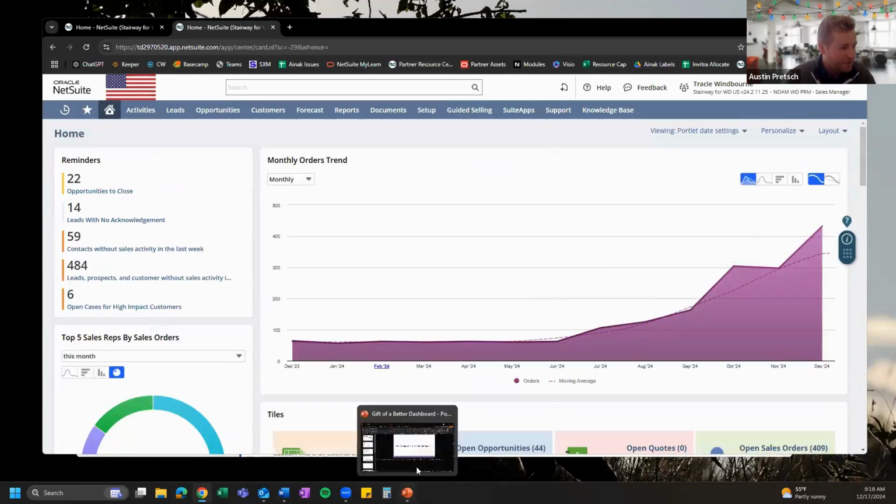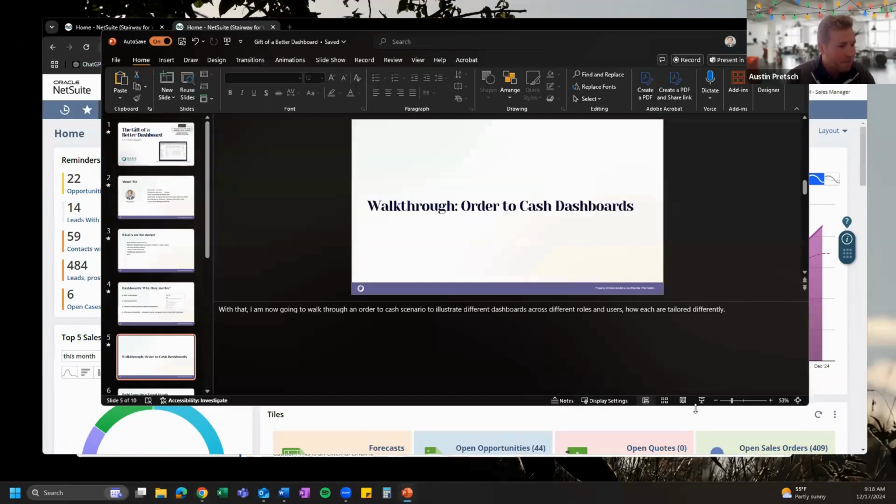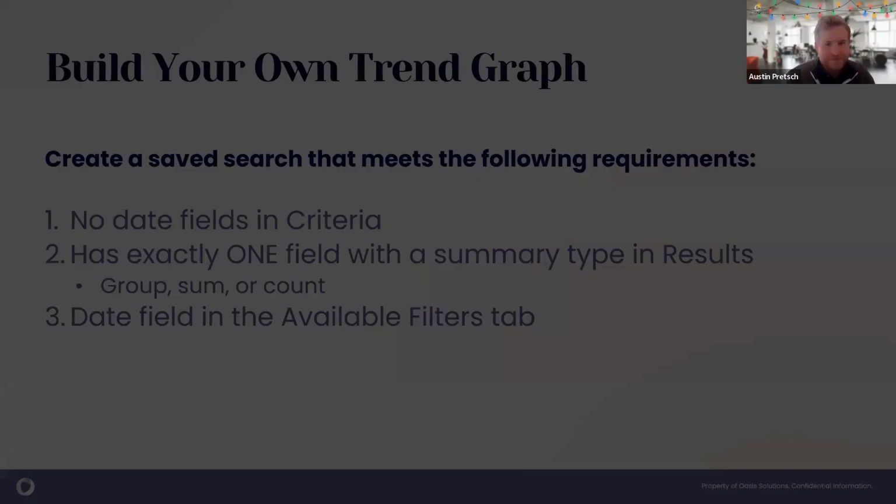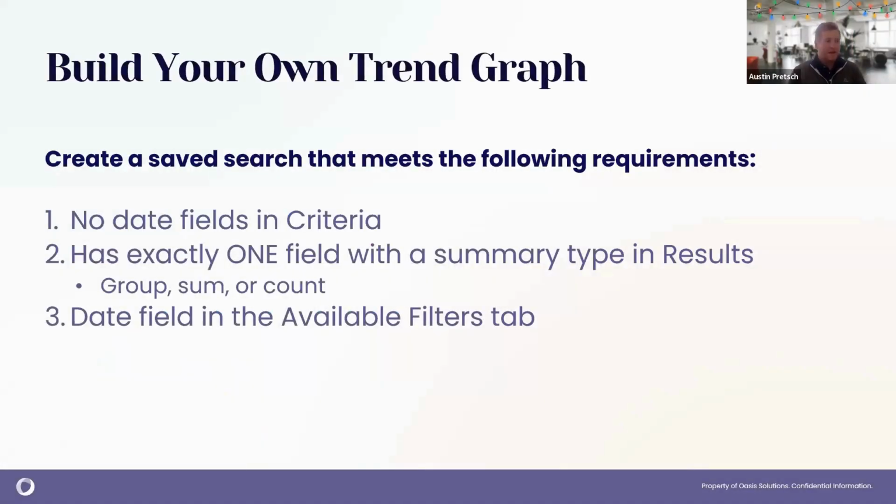So let me switch back actually to the PowerPoint. So again, out of the box, there's a lot, but by building a saved search with these three criteria, you can actually make your own. And so it's super easy. One, your saved search cannot have any date fields in the criteria.